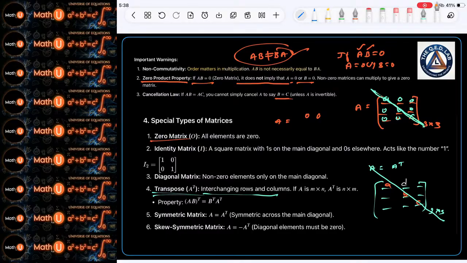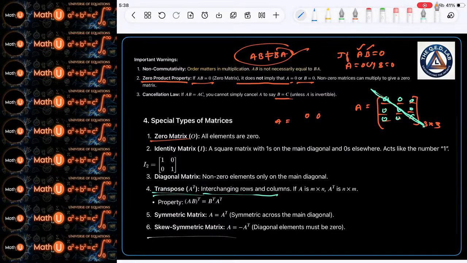Whatever element is present here, that same element should be present here. Whatever element is present here, the same element should be present here. This is nothing but a symmetric matrix. You should remember this.